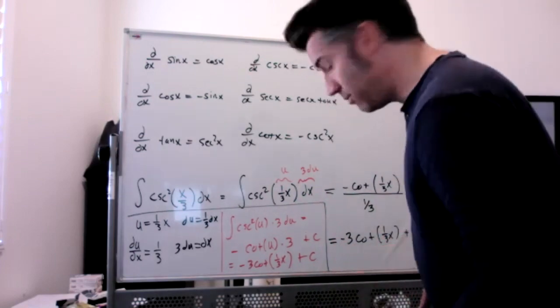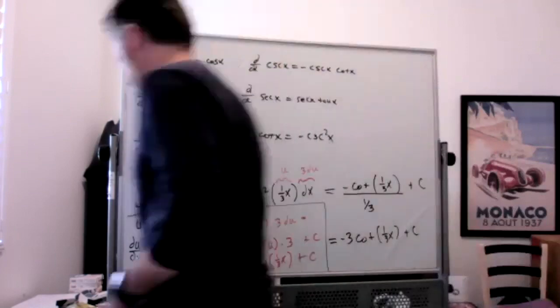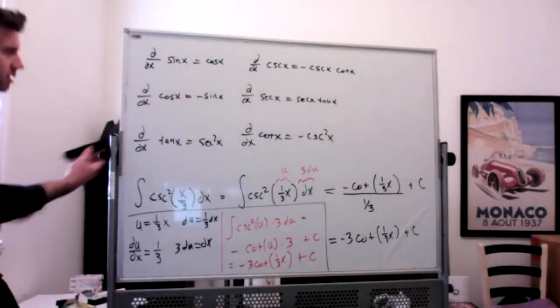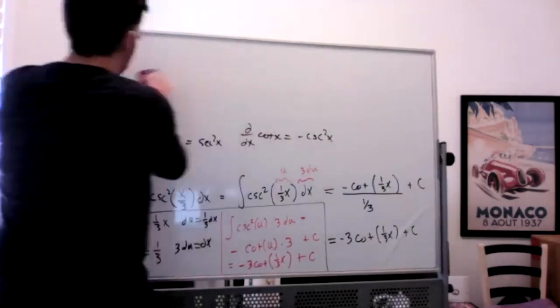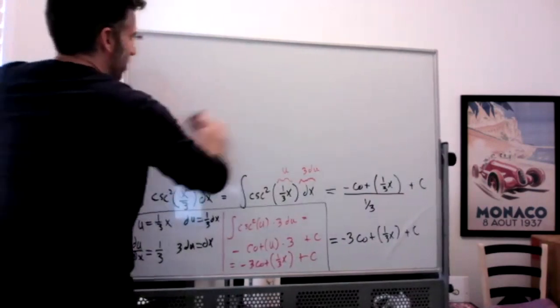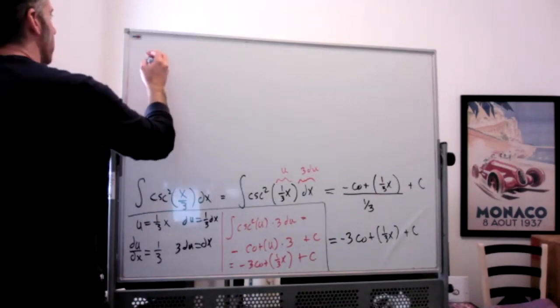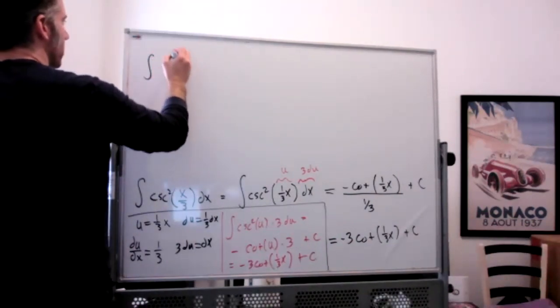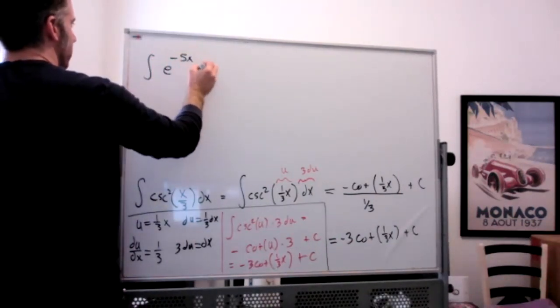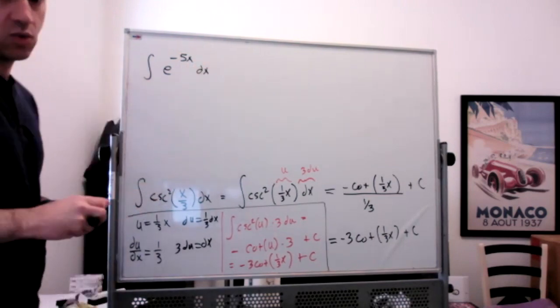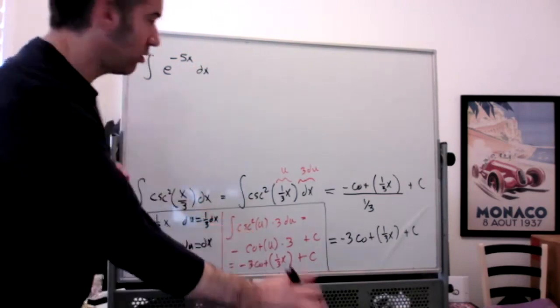Another example of this would be the integral of e to the negative 5x. You could do a u-substitution.